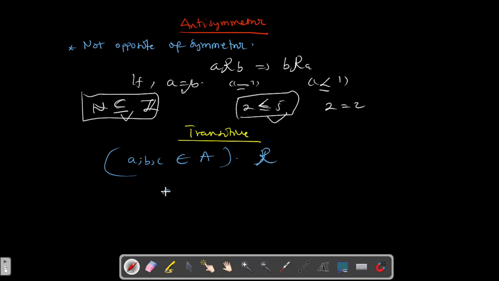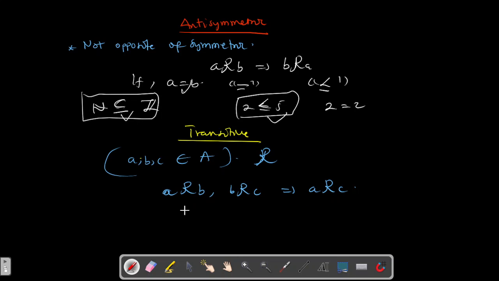So you realize that A R B and B R C, then I'll say that A R C. So this is a relation that tells us that if I have three numbers and two of them are related, and one of them is related to a third one, then it means that the first one will be related to the third one as well.